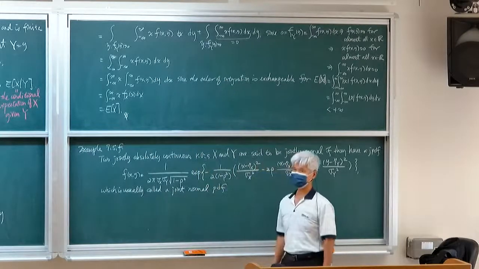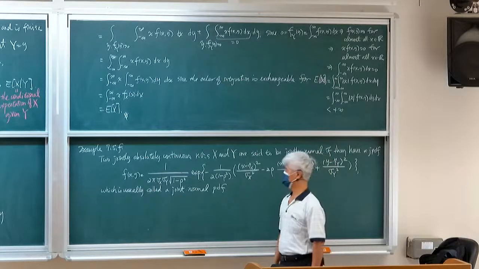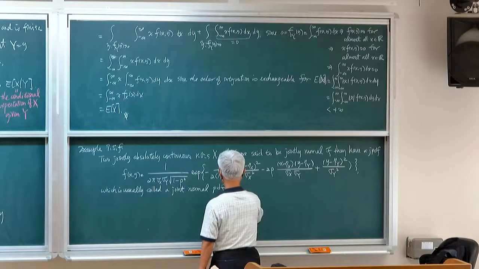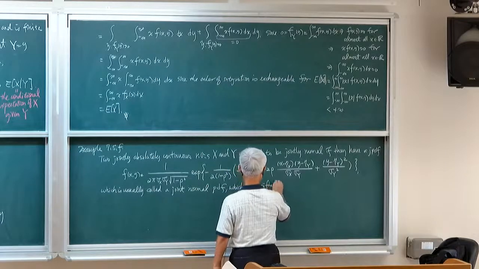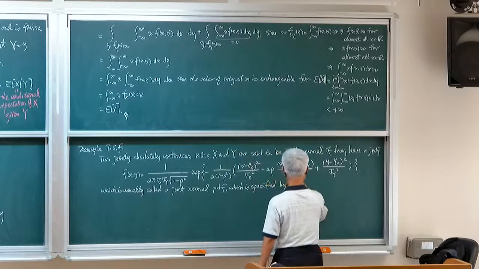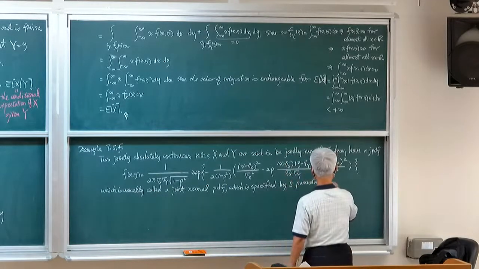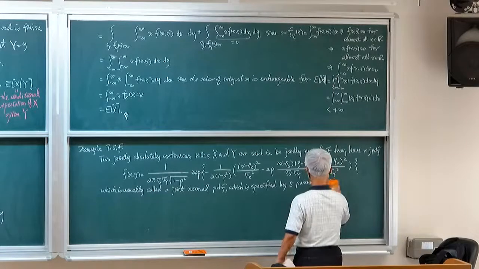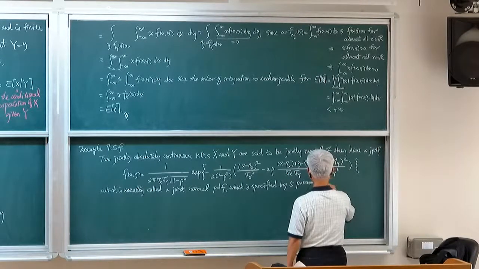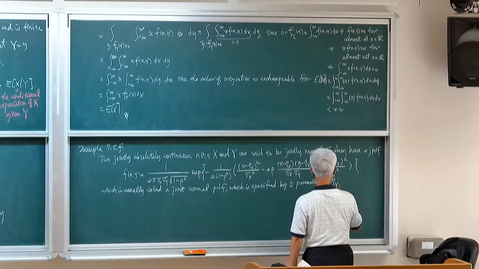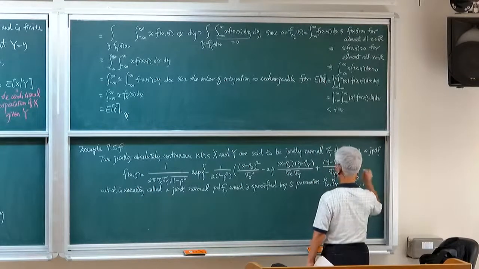A joint normal PDF, which is specified by 5 parameters: mu x, oh, I use eta. Okay, eta x, eta y, rho, sigma x square, sigma y square. Okay.